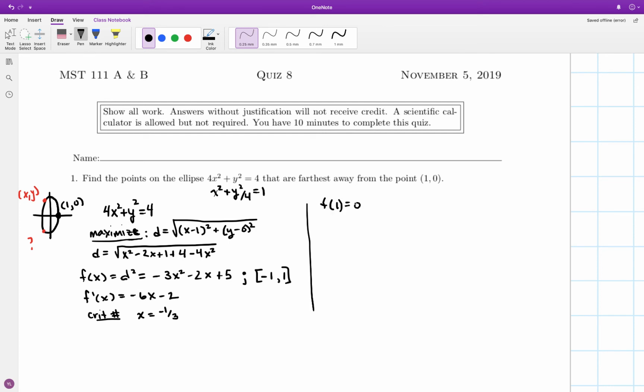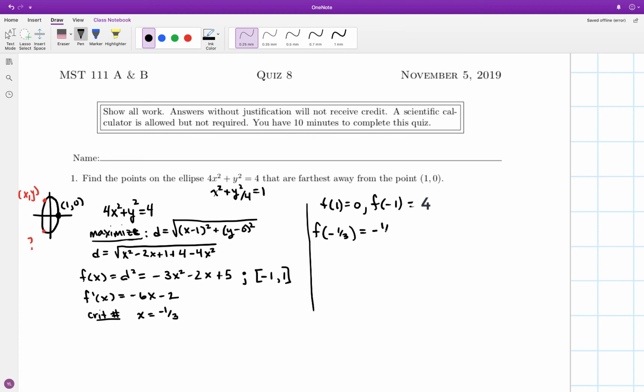All right, so I plug the endpoints of the domain into the function, and I get 0 when the x value is 1. That makes sense. And then I get 4 when x is -1. And now I'm going to plug in the one and only critical number that I found, which is -1/3. I just need to get this reduced to the point where I can see if it's bigger than 4.